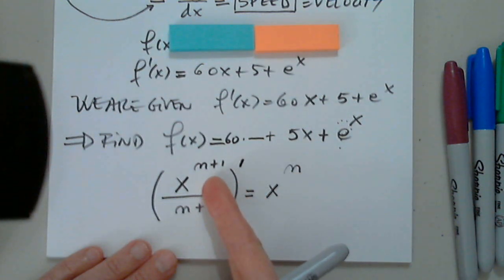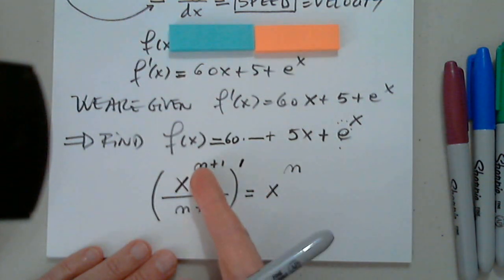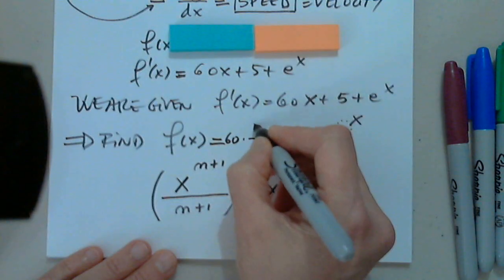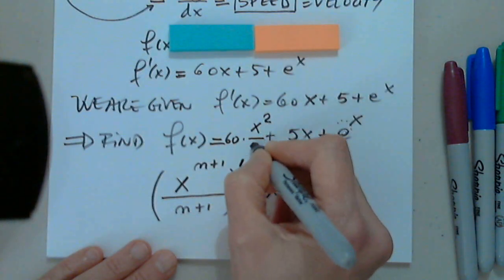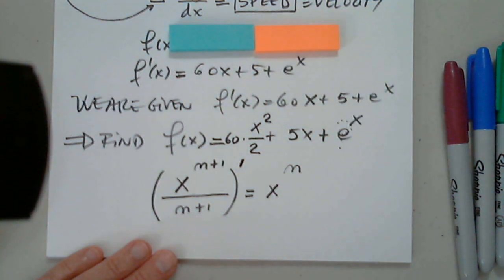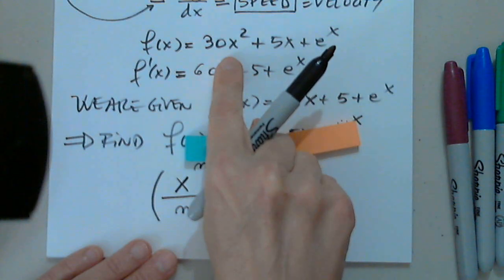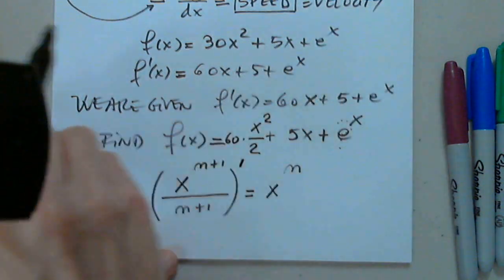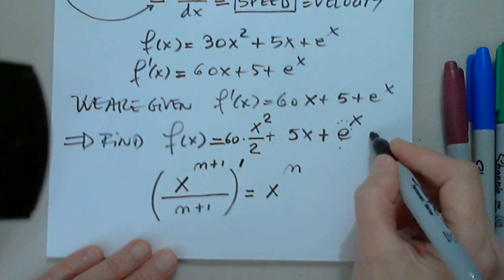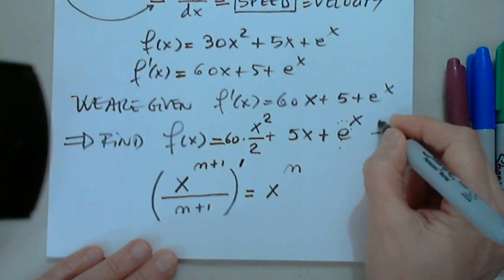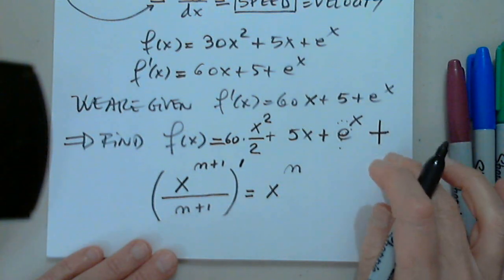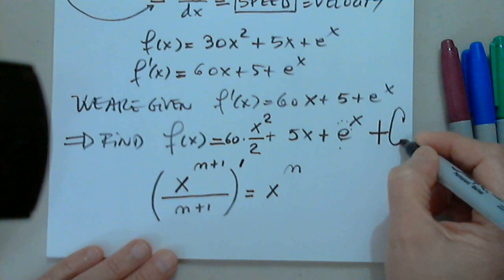So then I have to increase that power by 1 and divide by the result. So I have x to the second power over 2. When I simplify, I get 30x squared. So the answer here, to make sure this is very clear, very important, plus a constant c.